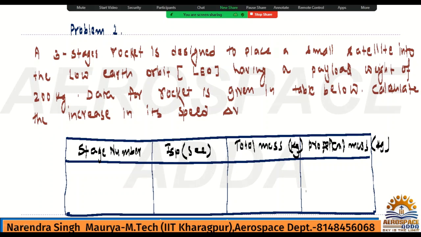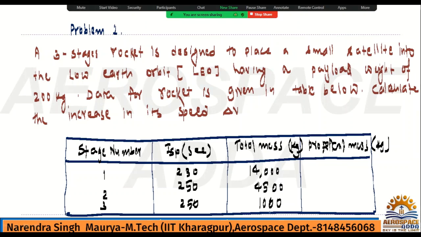Now stages 1, 2, 3. ISP: 230, 250, 250. Total mass: 14,000, 4,500, 1,000. Propellant mass: 12,800, 3,700 and 700.